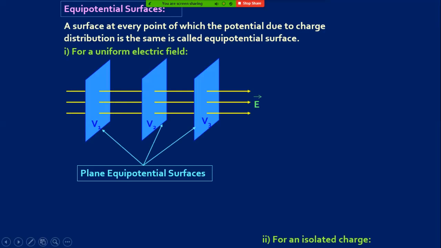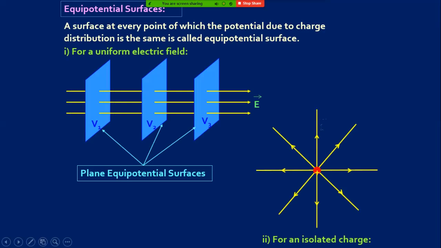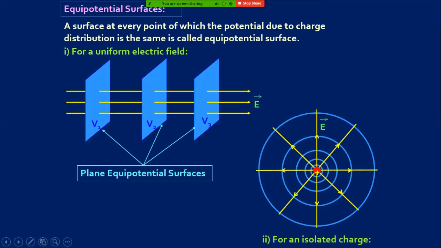For an isolated charge, you know it very well from the properties of a sphere, the sphere should be solid.